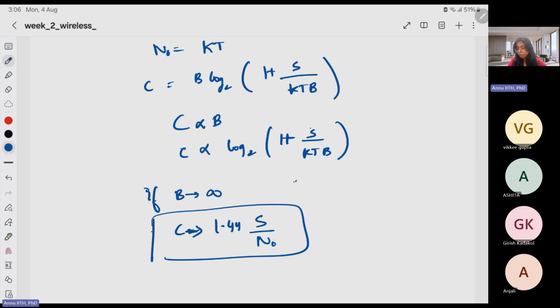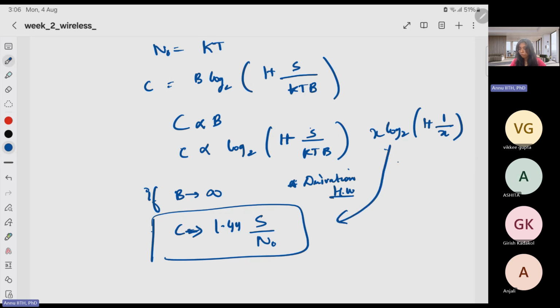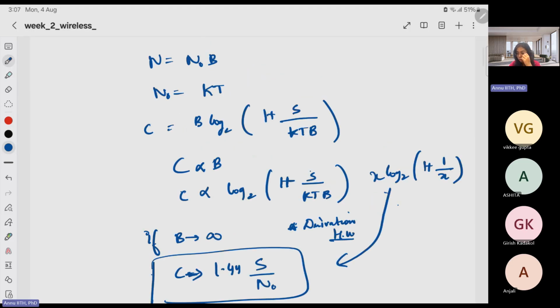The derivation is ideally a homework. You can search Wikipedia and get the derivation, because it uses the simple limit x log2(1 plus 1 by x), which gives the value 1.44 S by N0.